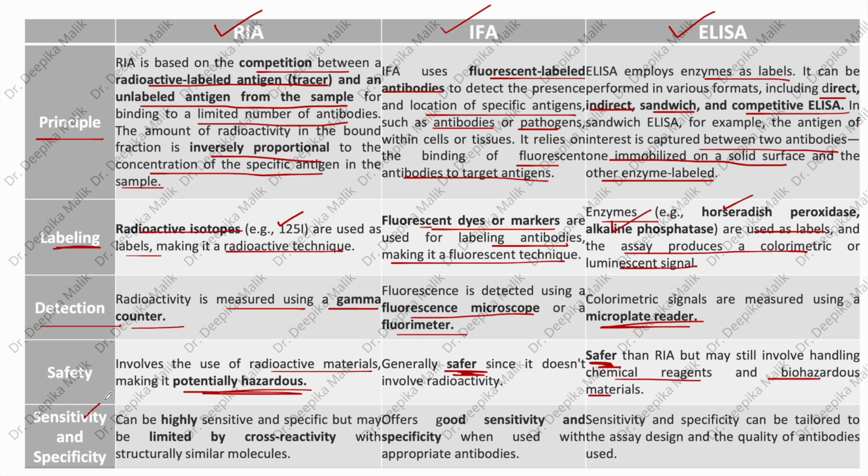Sensitivity and specificity: radioimmunoassay can be highly sensitive and specific but may be limited by cross-reactivity with structurally similar molecules. Immunofluorescence assays offer good sensitivity and specificity when used with appropriate antibodies. Sensitivity and specificity can be tailored to the assay design of ELISA and the quality of antibodies used. Thank you for watching.